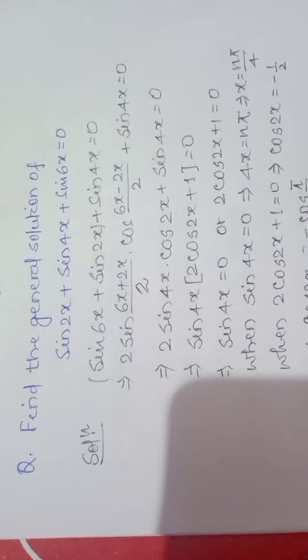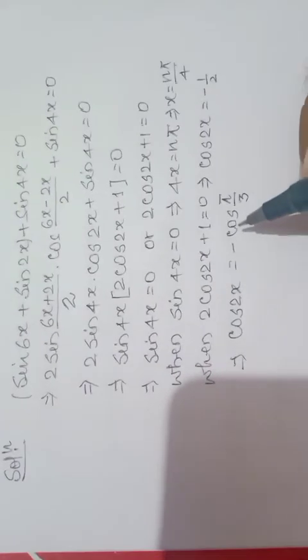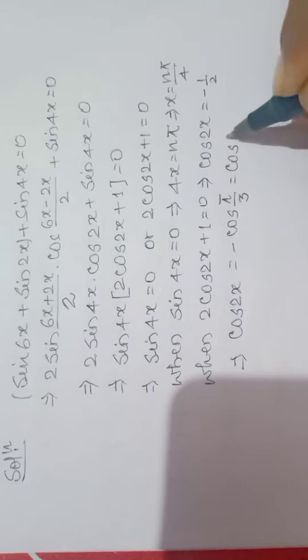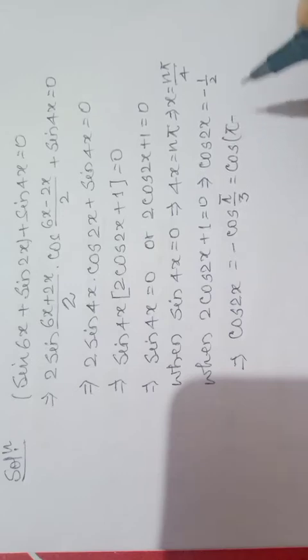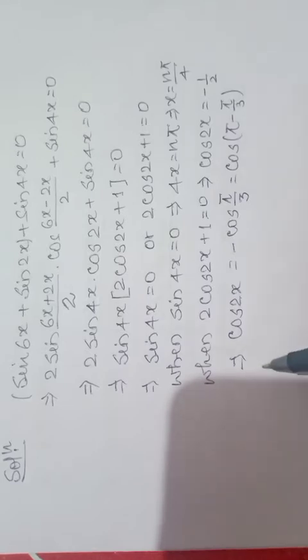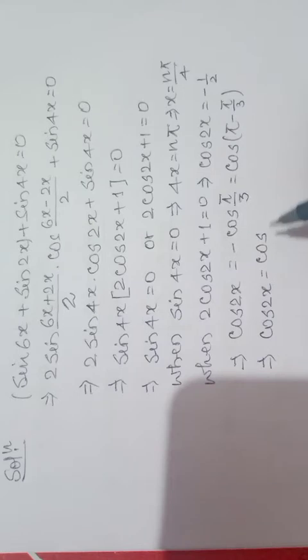And you know cos of pi minus theta is minus cos theta, so it should be written as cos of pi minus pi by 3, which is 2 pi by 3. So cos 2x will be equal to cos 2 pi by 3.